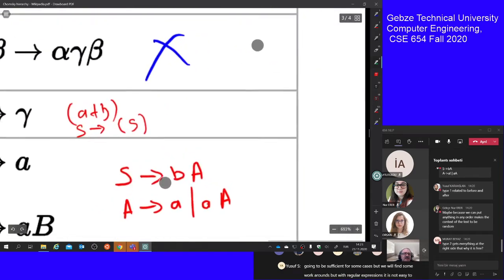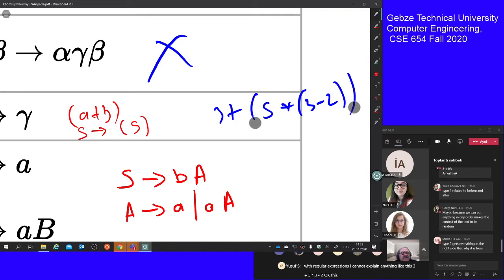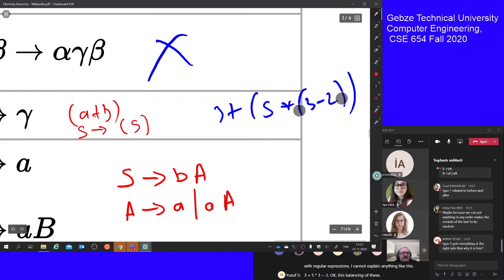With regular expressions, I cannot explain anything like this: 3 plus 5 times 3 minus 2. This balancing of parentheses is not possible.